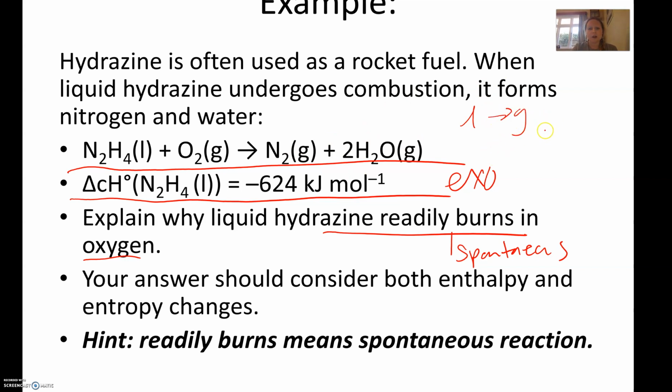Gaseous particles are able to move around more because they have greater kinetic energy, and therefore there will be greater disorder and greater entropy. There is a second factor you can discuss when talking about entropy of the system, and that is the fact that you go from 1 plus 1, 2 reactant moles, to 1 plus 2 makes 3. So there's also an increase in the number of moles.